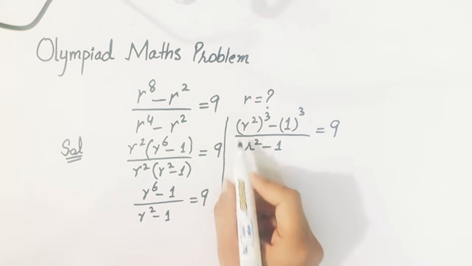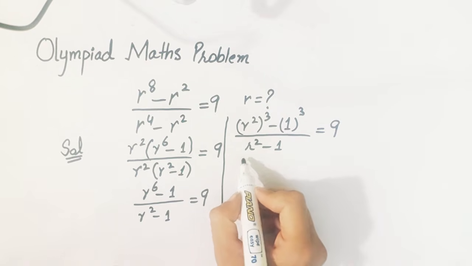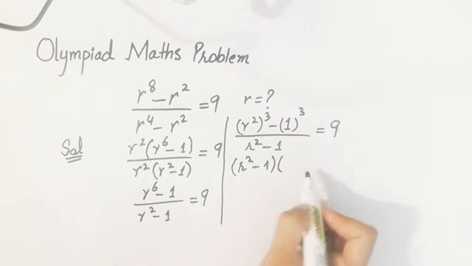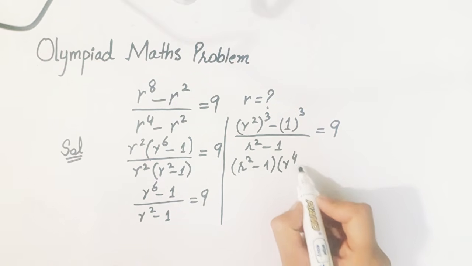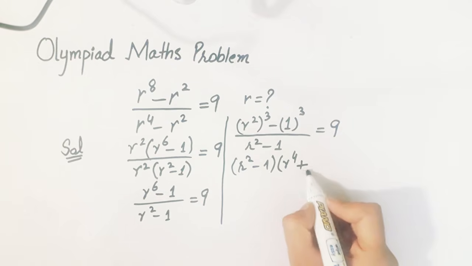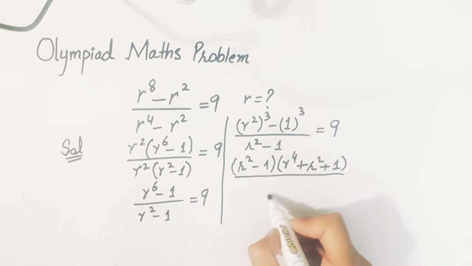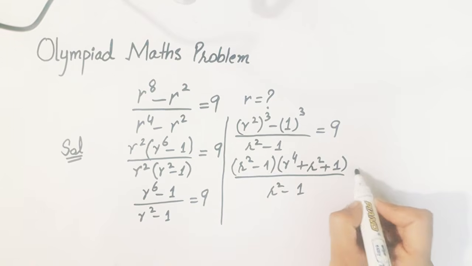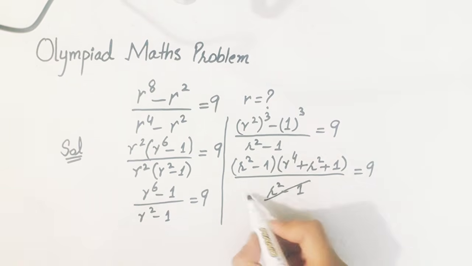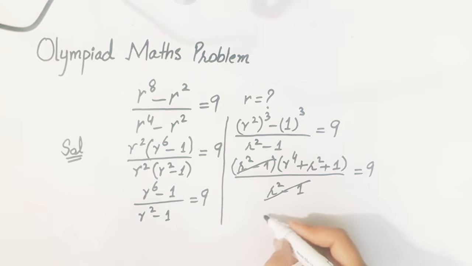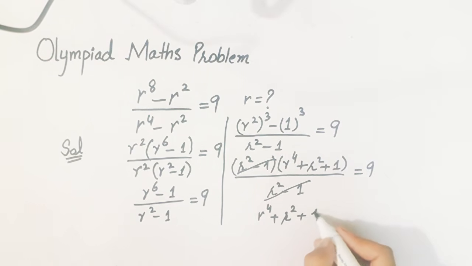According to that, a cube minus b cube can be written as (r square minus 1) into (r power 4 plus r square plus 1), divided by r square minus 1, and that equals 9. The r square minus 1 terms cancel out. We have r power 4 plus r square plus 1 equals 9.